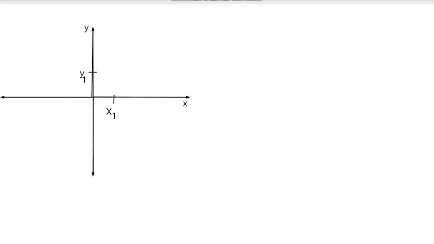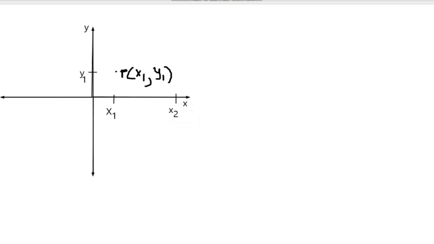This is the point x sub 1 and y sub 1, assuming it's any number. So this is our first point. And let's say we have another one here at x sub 2. So x sub 2 is what we call this.